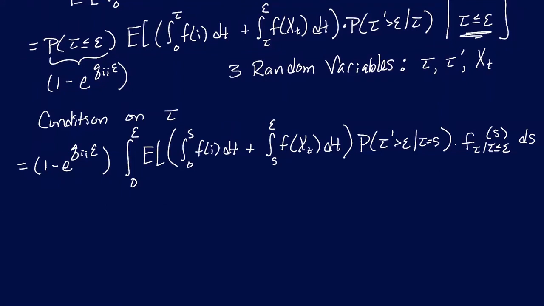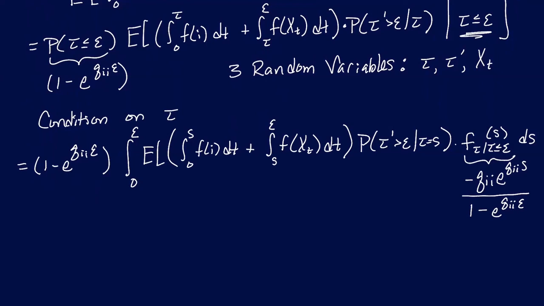What do I know about these terms? This PDF on the end was that conditional exponential PDF, and it looked like this. It is the PDF, not the CDF. I was about to write down the conditional CDF. So this is negative qii e to the positive qii s, and then dividing out the area under that curve between 0 and epsilon, which is 1 minus e to the qii epsilon.